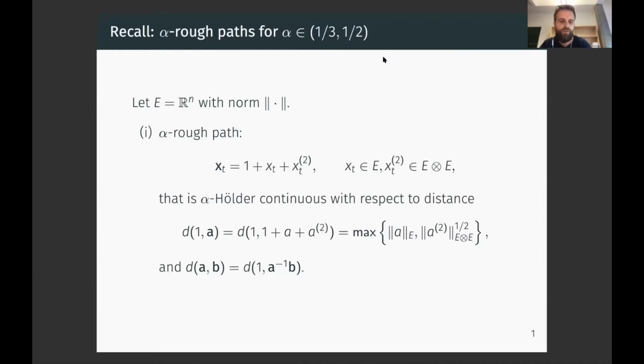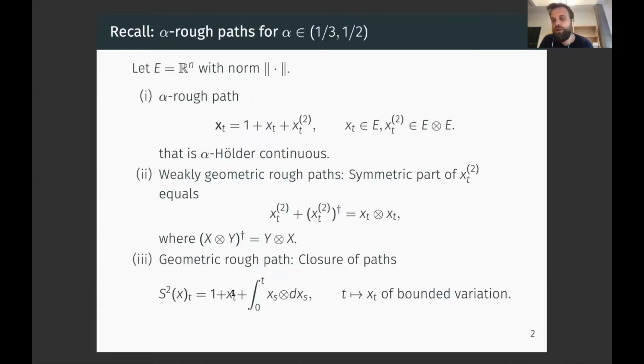It is continuous with respect to this distance here, where I define the distance from the identity, and it is left invariant with respect to the truncated tensor multiplication.